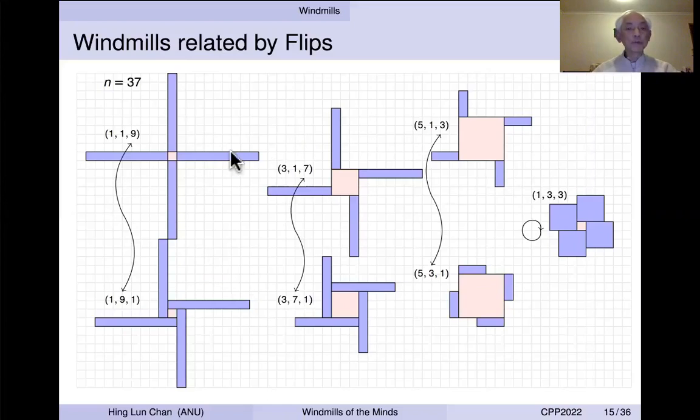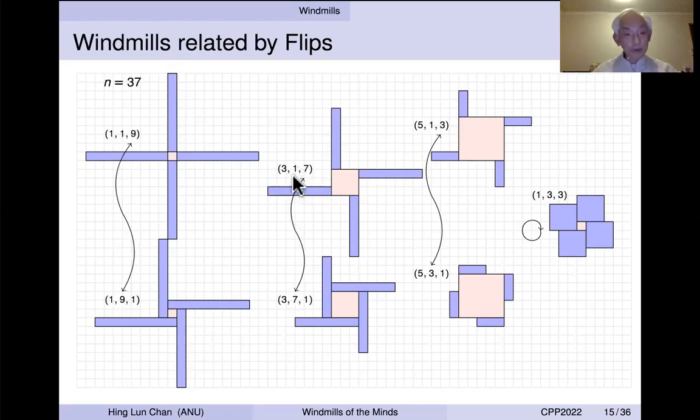Given all the windmills of a number, we can relate them or pair them up by flipping, which means flipping the rectangular arm, say from 1 times 9 to 9 times 1. And so these two windmills will be related by flipping.